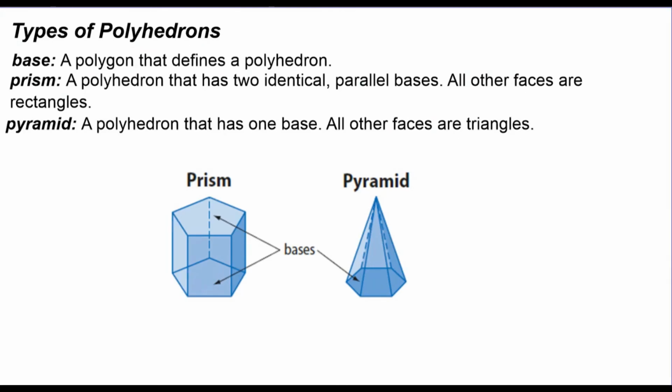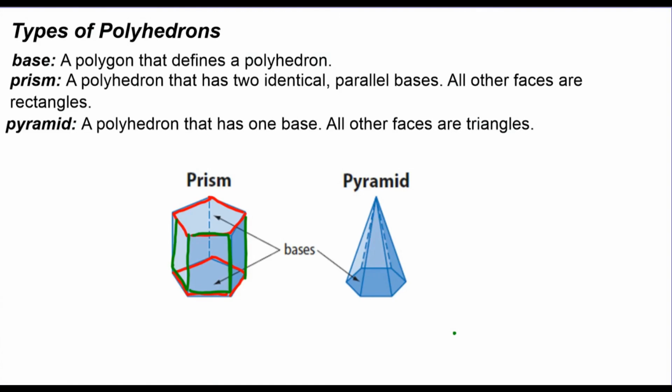If you look at this prism, it has a pentagon at its base, and there's another identical one at the top. The pentagon is what defines this prism, and all the other sides are rectangles. The two pentagons are connected by 5 rectangles.